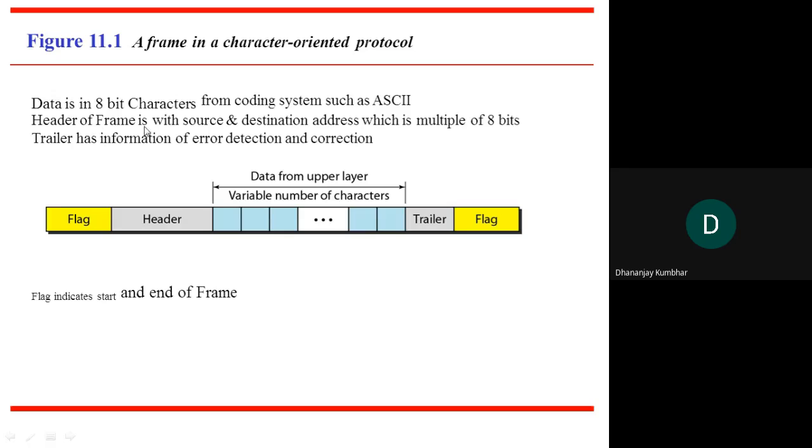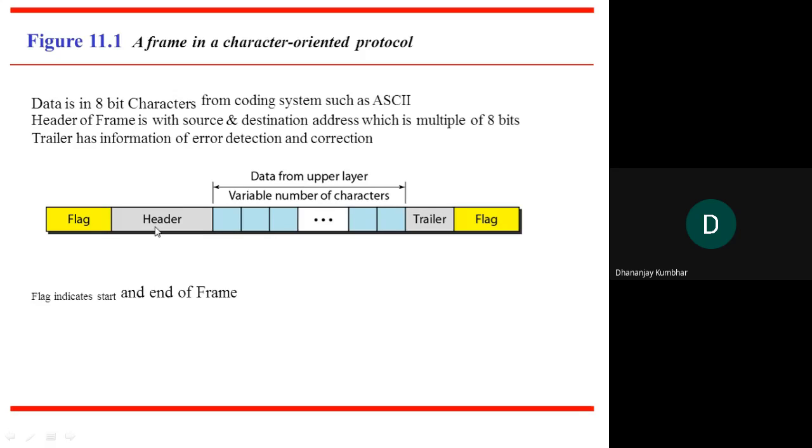So the frame header contains the source, and so on. This is what you are seeing on the screen: the frame format for the character oriented protocol. Here, what is indicated by the blue line is your data, and the gray lines are your header and trailer. The header contains your source address and destination address.